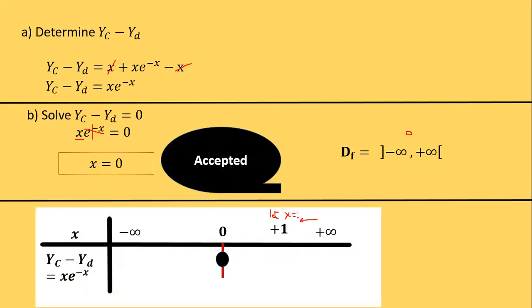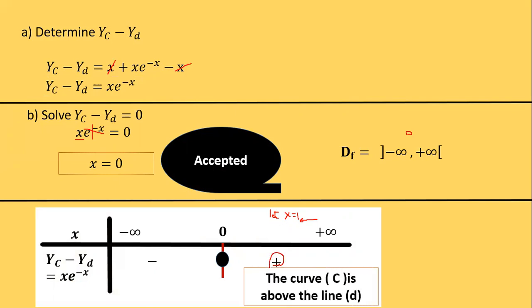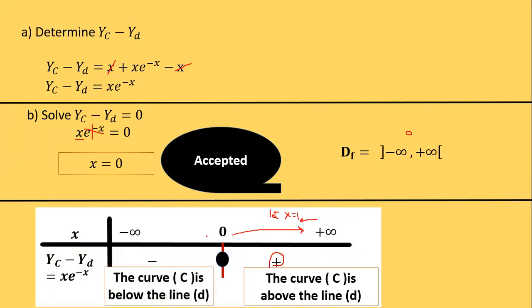Replace x equal 1 in yc minus yd. The answer is positive value. Consequently, the sign here is negative. We can say now that the curve C is above the line D in the interval 0 plus infinity. Why? The curve C is below the line D in the interval minus infinity 0.